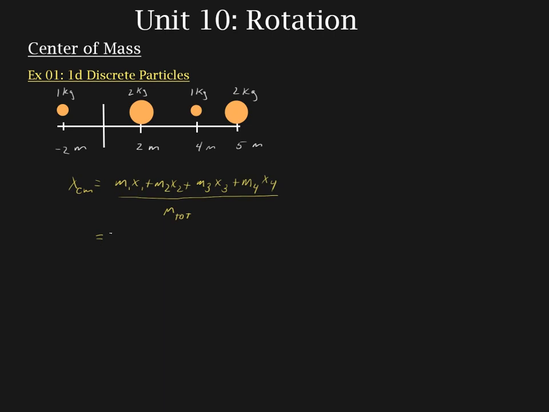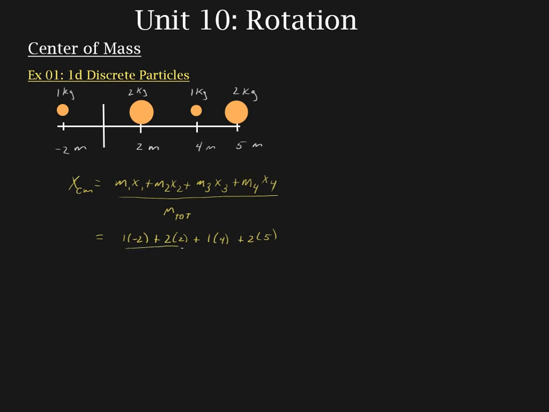Okay, so at this point it really is pretty much a plug and chug kind of problem. So for m1 we have 1 kilogram. For x1 we have minus 2 meters. Then we have 2 times 2 plus 1 times 4 plus 2 times 5.